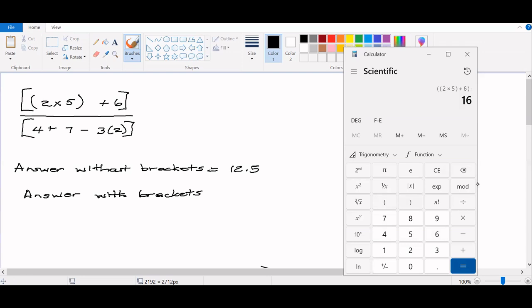That's the end of my numerator. So I want all of these to be done together. And then I want to divide that by, open the bracket for the start of the denominator, 4 plus 7 minus 3, which is to be multiplied by 2.